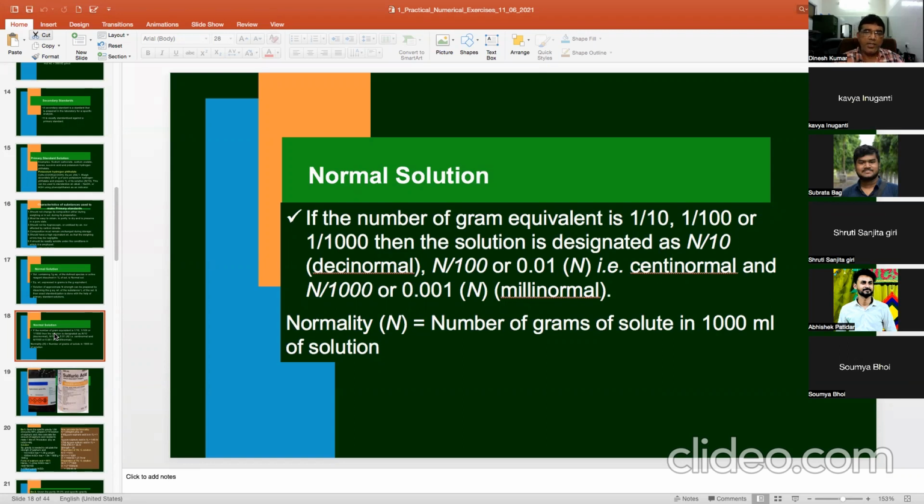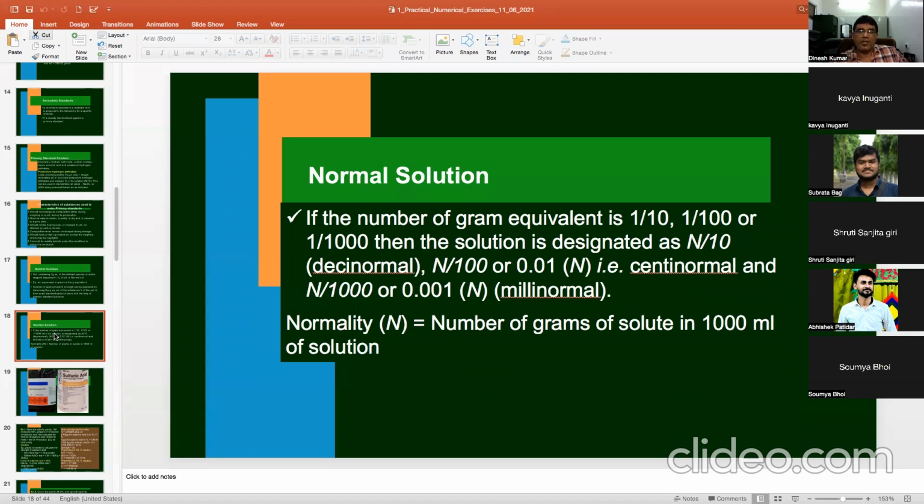And if it is N by 1000 or 0.001 normal, then it is called a millinormal solution. So overall, normality is equal to the number of gram equivalents of a solute in 1000 ml of solution.